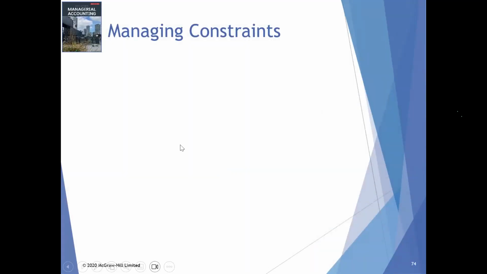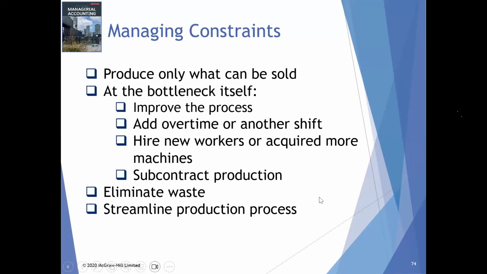Now, at the end, we can say, in managing constraints, produce only what can be sold. It means if the chairs you are going to produce will sell very quickly like hot cakes, only those products should be produced which can be sold very easily.